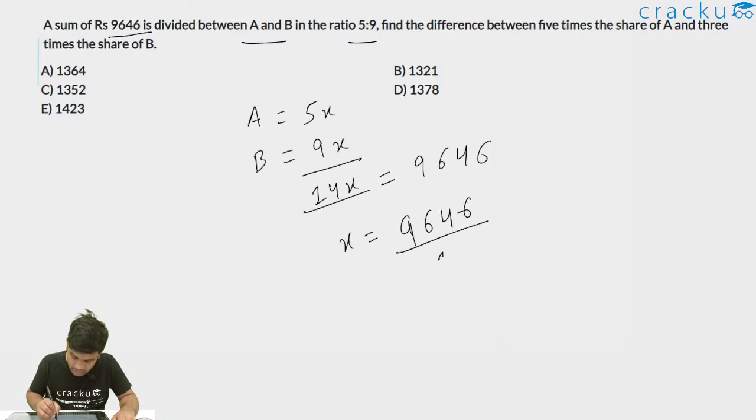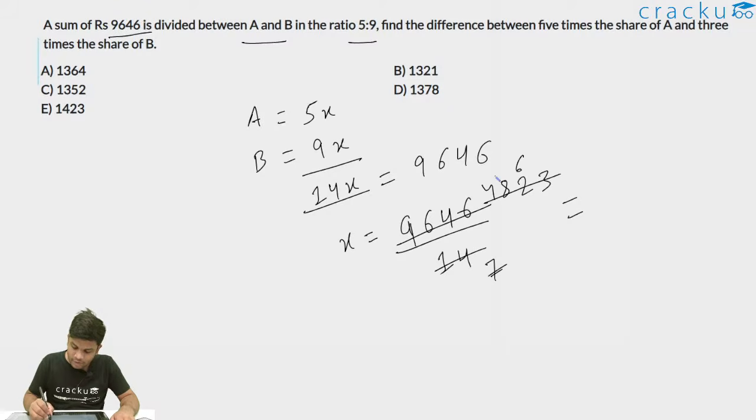So from here you can find x, which is equal to 9646 divided by 14. Now if you look at it, you can divide it by 2, so you will get 7. Here you will get 48 to 3. And again, if you divide it, you will get 7, 6 are 42, and then again 62 is left, so 7 8 are 56, and 63, so 689.